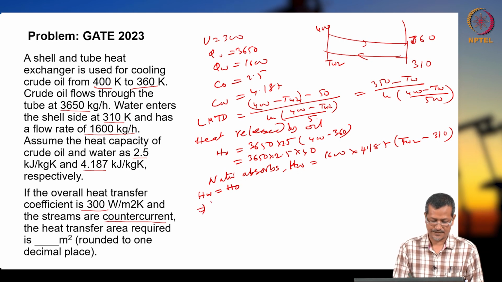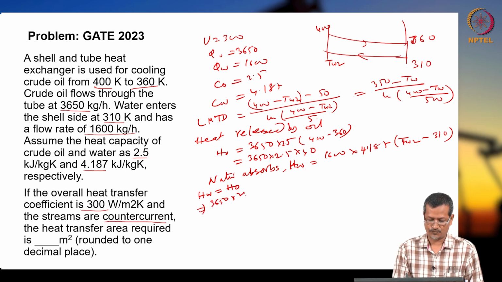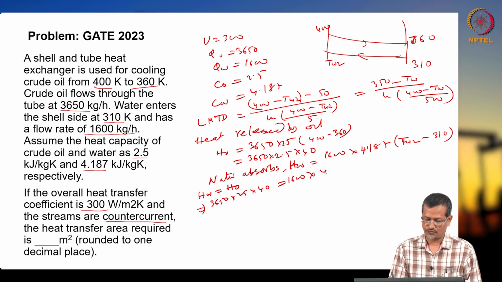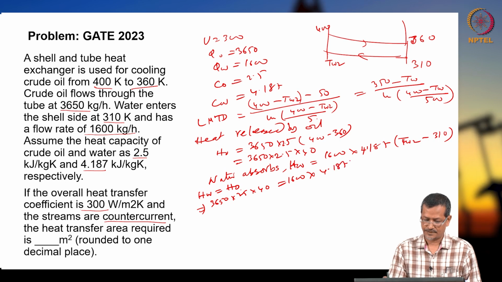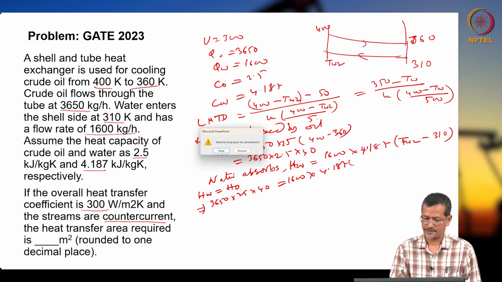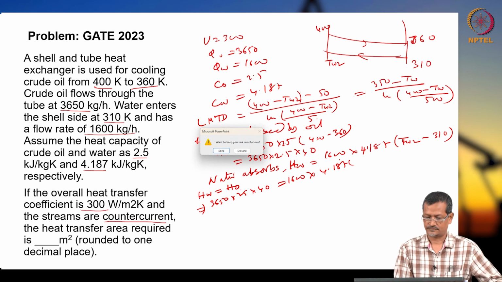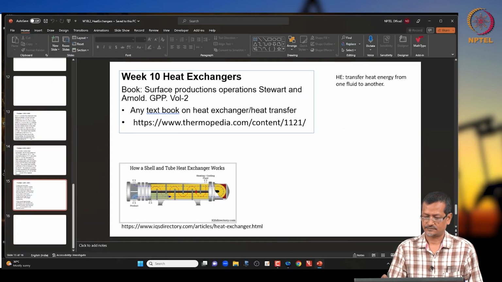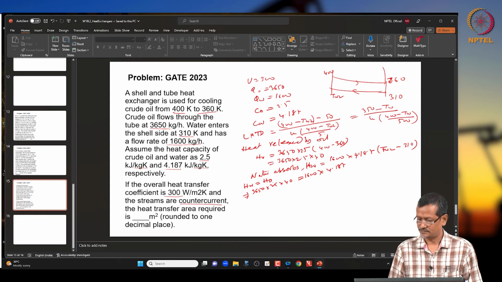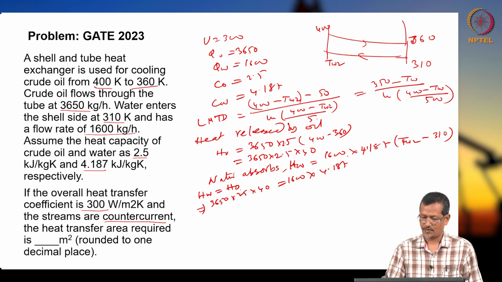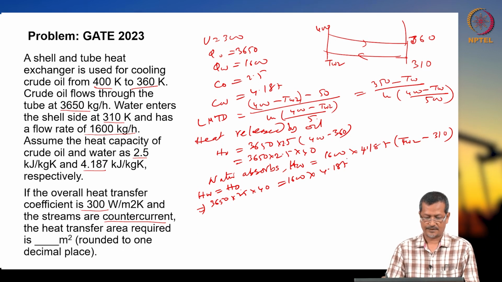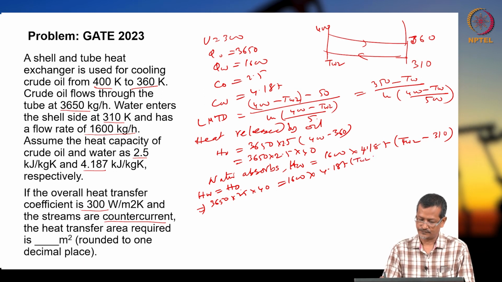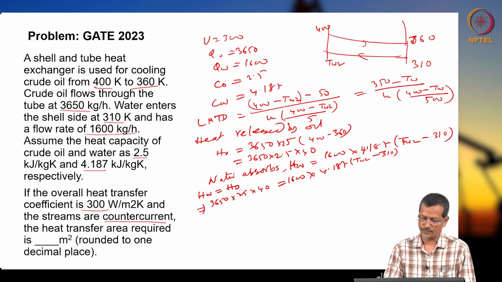This implies 3650 into 2.5 into 40 equals 1600 into 4.187 into TW2 minus 310.